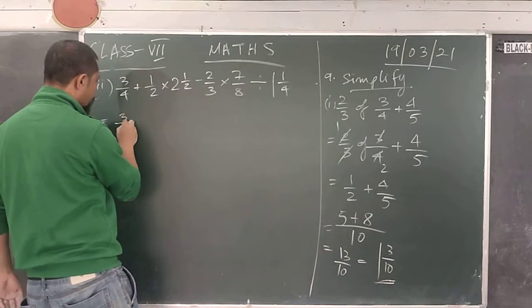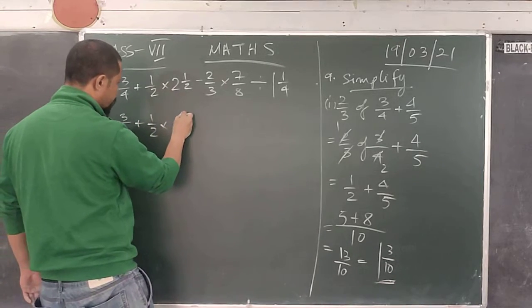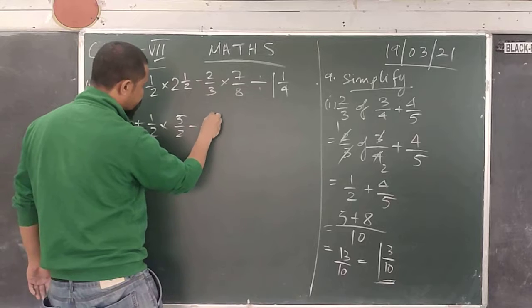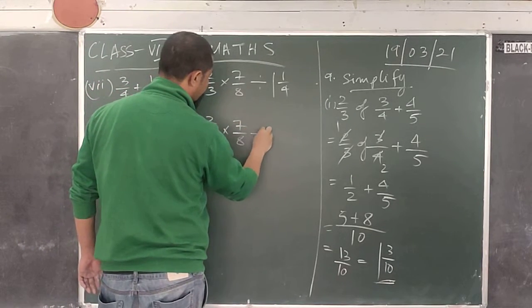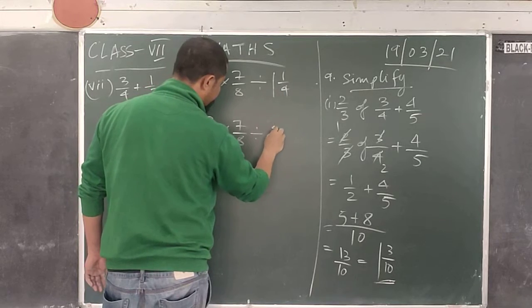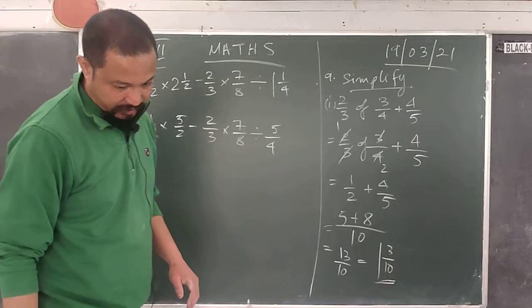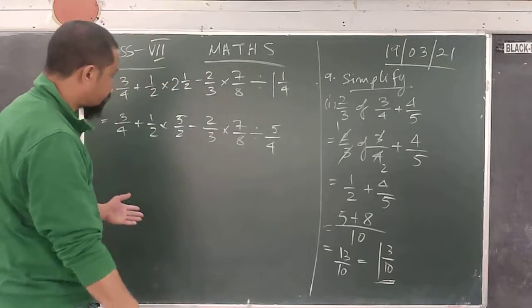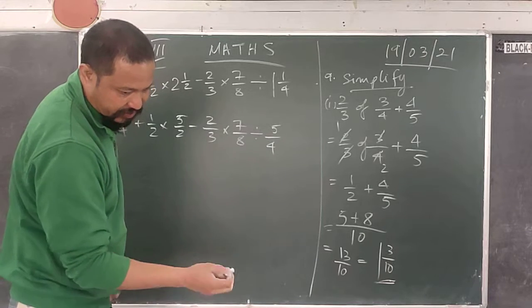So this is 3 by 4 plus 1 by 2 into 2 times 2 plus 1 is 5 by 2 minus 2 by 3 into 7 by 8 divided by 4 times 1 plus 4 is 5 by 4. Okay, so all the mixed fractions have been converted. Now we will change this. Okay, let's not compute it directly, we'll change that.